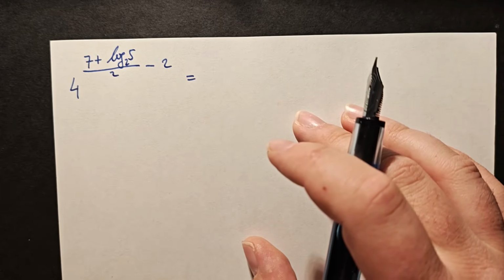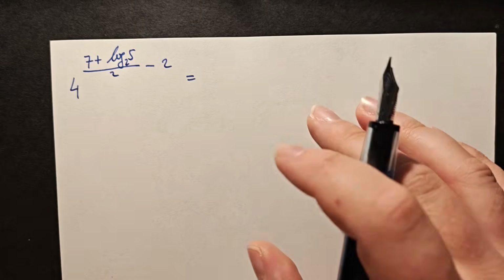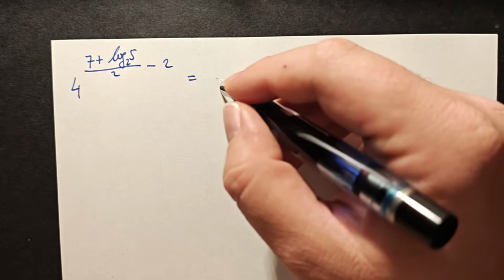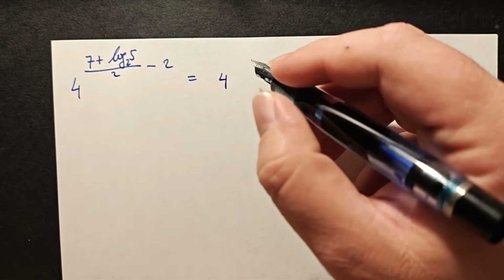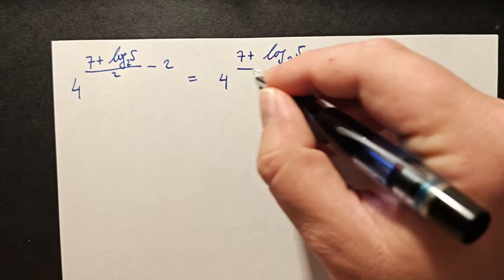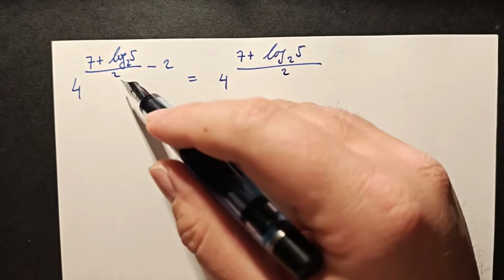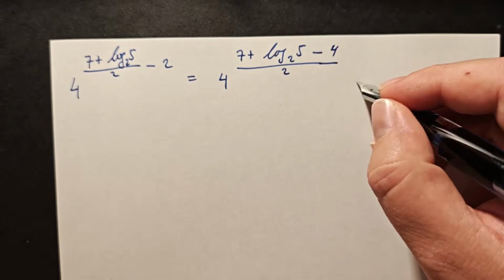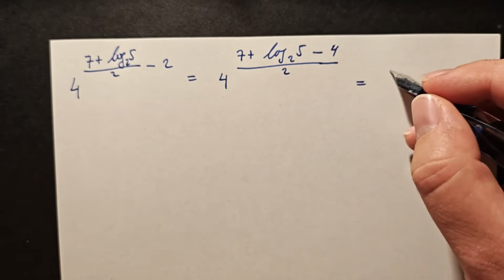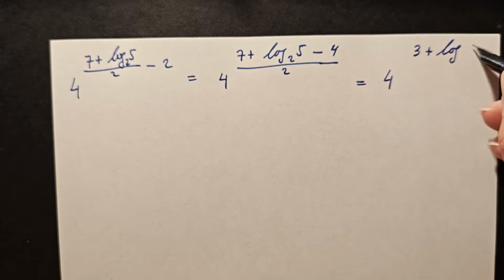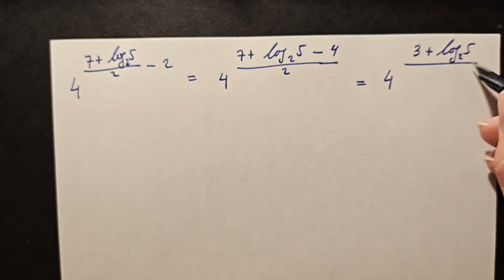If we get the value of 40, then the equation is satisfied. So this term is going to be equal to 4 to the power of 7 plus logarithm of 5 for the base 2 divided by 2, and 2 multiplied by 2 is 4, and we have a negative sign in front of it. So this is 4 to the power of 3 plus logarithm of 5 for the base 2 divided by 2.